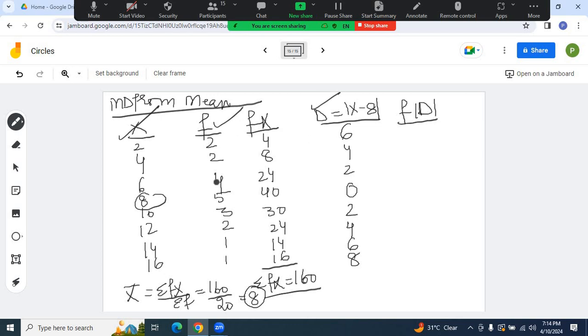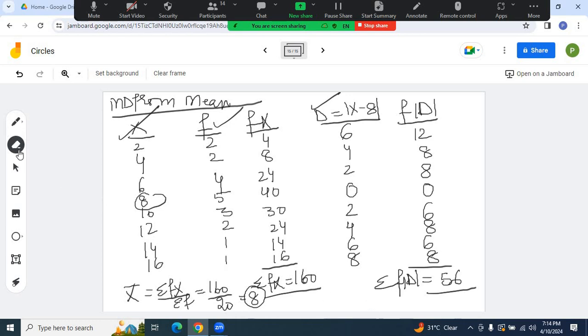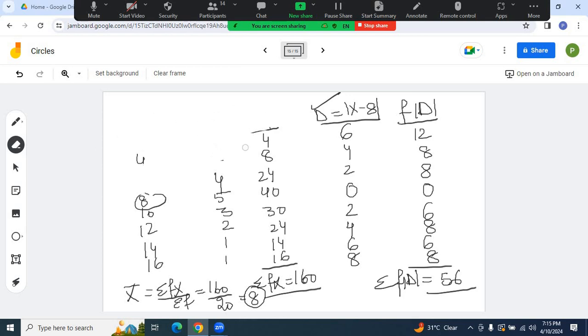F and D. 2 6s are 12. 4 2s are 8. 4 2s are 8. 5 zeros are 0. 3 2s are 6. 2 4s are 8. 6 1s are 6. 8 1s are 8. Summation fd will be 56. We haven't found the answer yet. We have found the values.